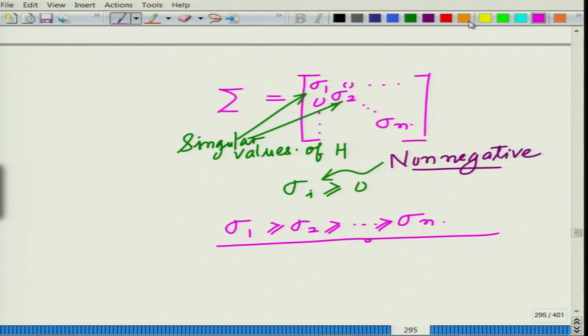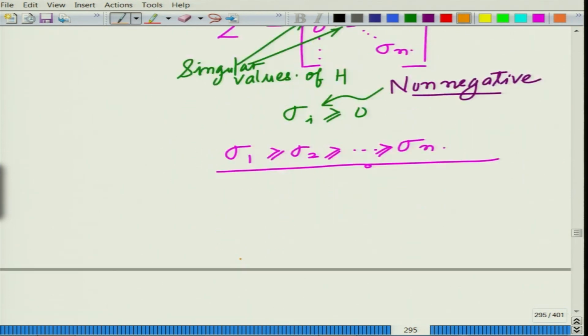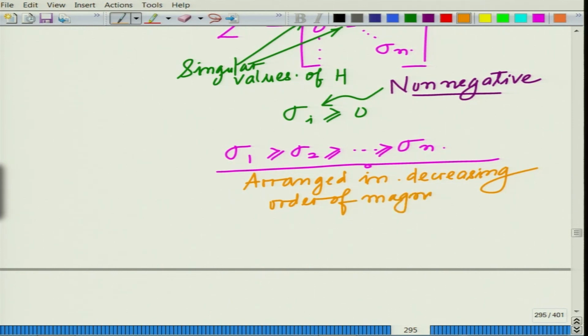So, singular values are arranged in decreasing order of magnitude. And the other important thing here is the number of non-zero singular values.